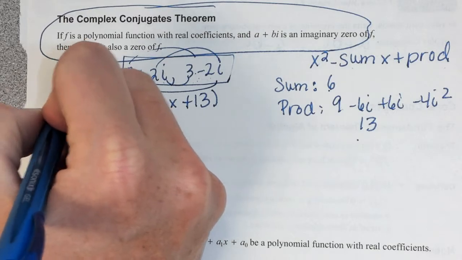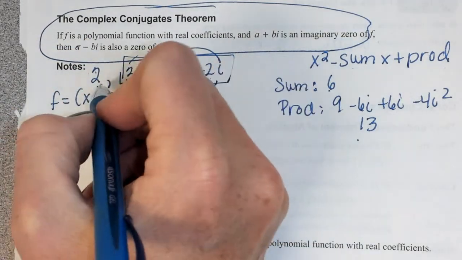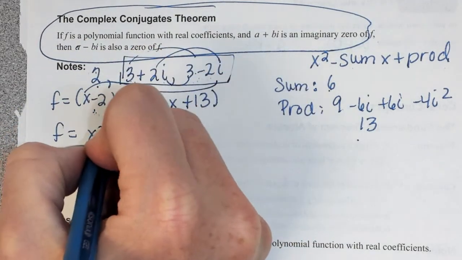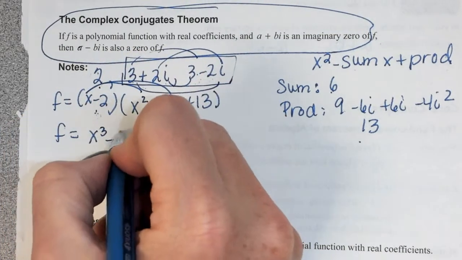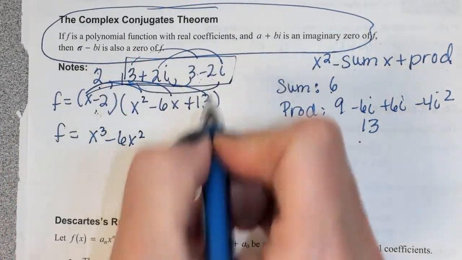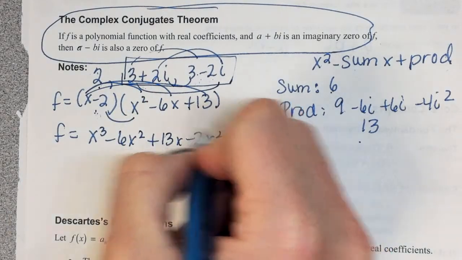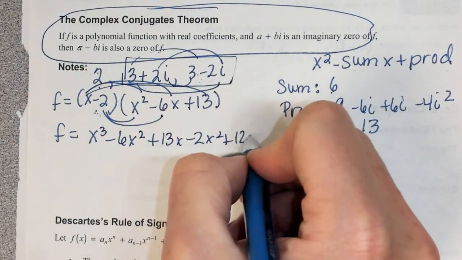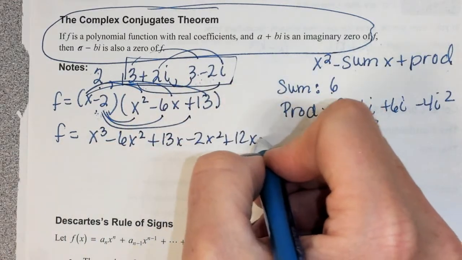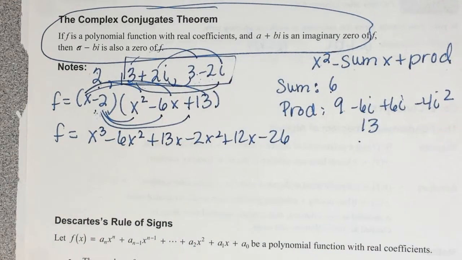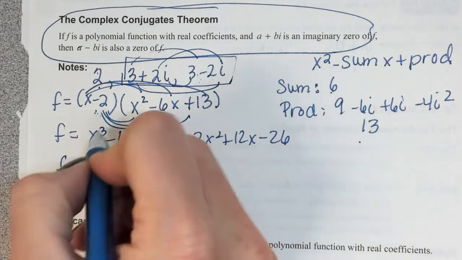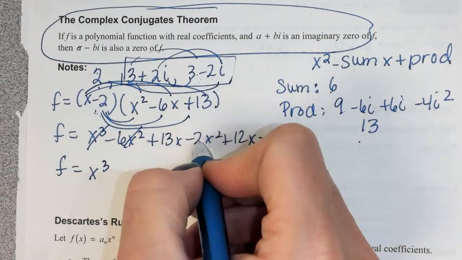We want it all multiplied out. So now we would just have to keep going. x times x is x to the third, minus 6x squared, plus 13x, minus 2x squared, plus 12x, minus 26. Combining my like terms, I get this.